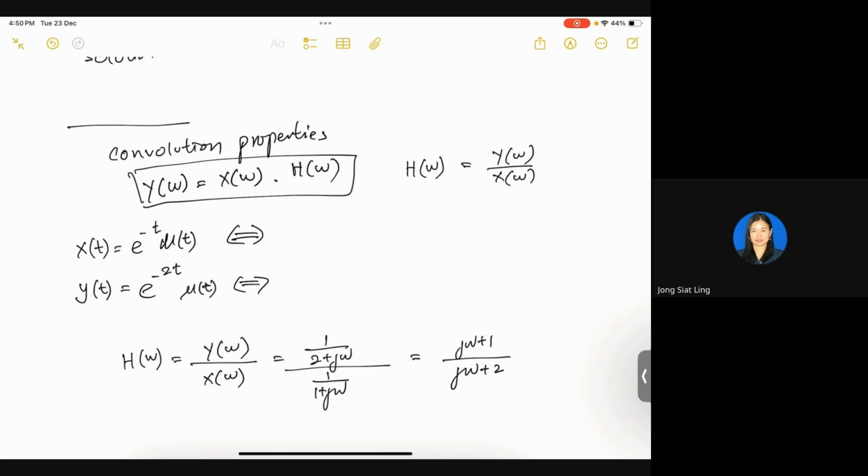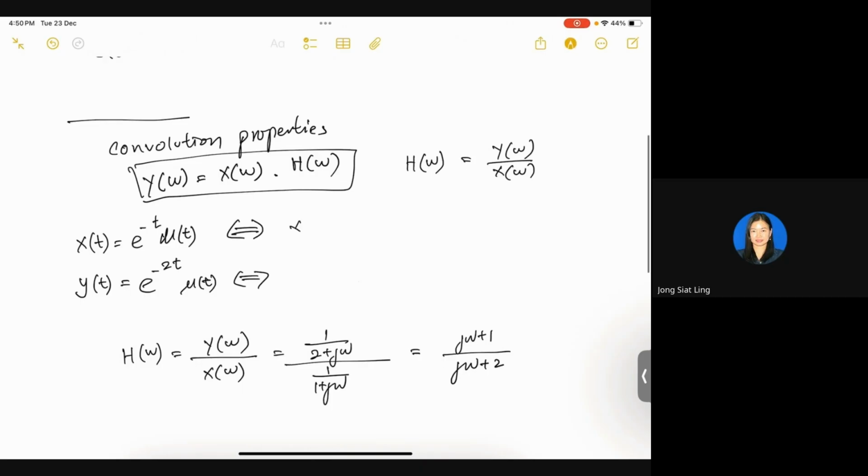Given x(t) equals e^(-t) u(t), then X(ω) equals 1 over 1 plus jω. Whereas y(t) equals e^(-2t) u(t), then Y(ω) we obtain 1 over 2 plus jω.